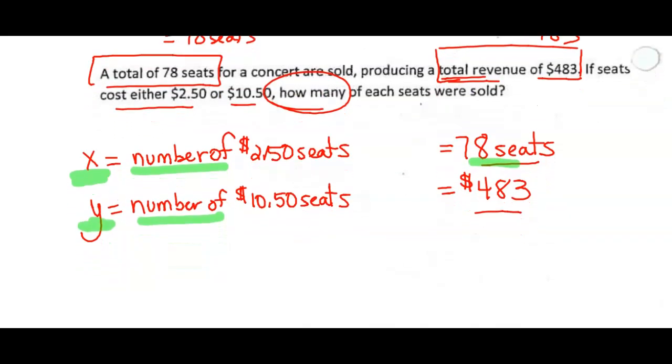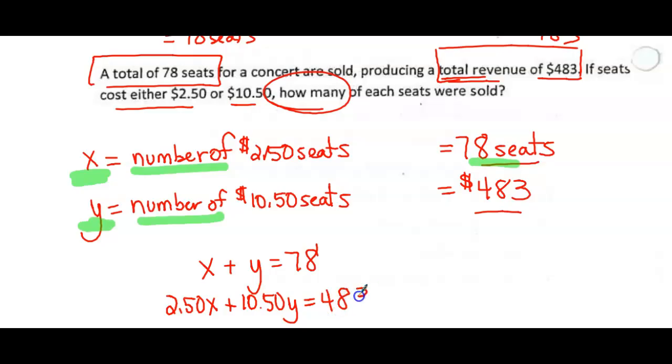One of my equations can be, hopefully you realize it from the last one, X plus Y is 78. The second equation, I need money with it. So I'm going to put $2.50 X plus $10.50 Y equals $483.